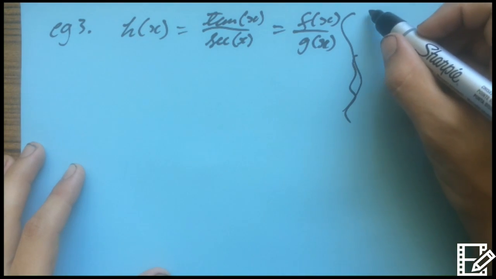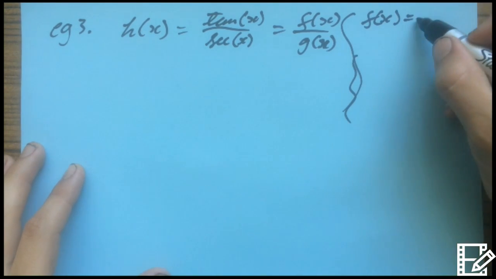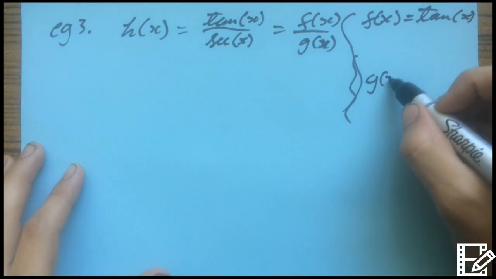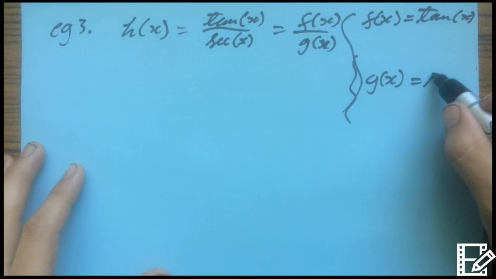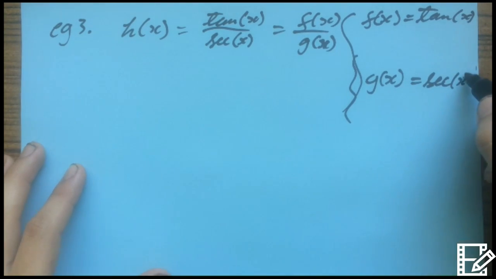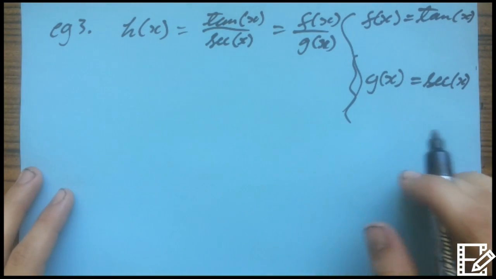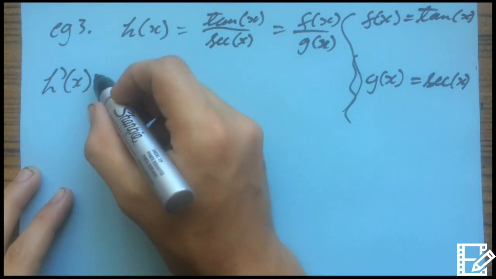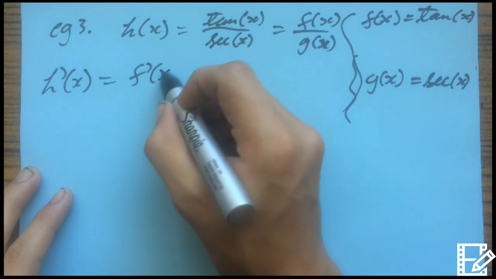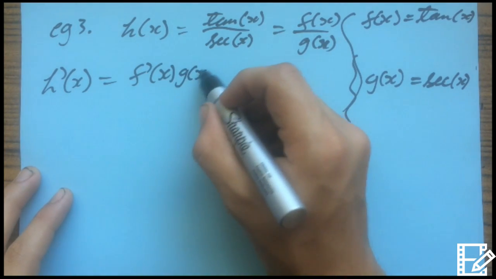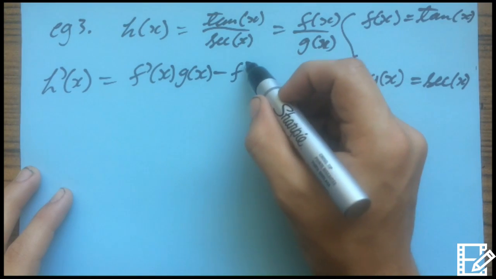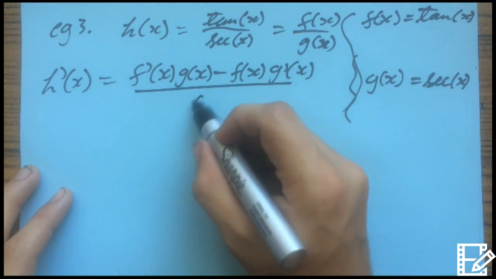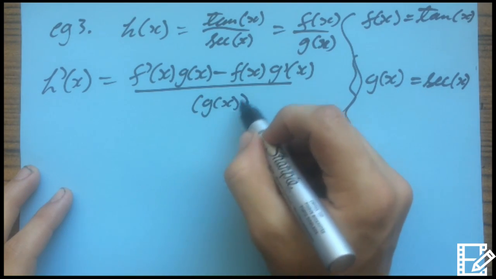So let's split the page and label them up. f(x) is equal to tan x and g(x) is equal to sec x. Write out the formula for the first derivative. f dash x multiplied by g(x), minus f(x) multiplied by g dash x, all over g(x) to the power of 2.